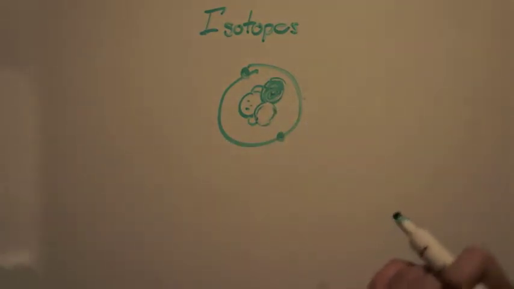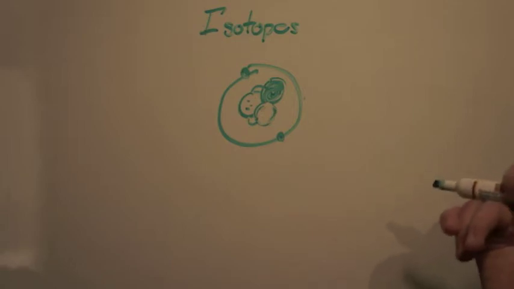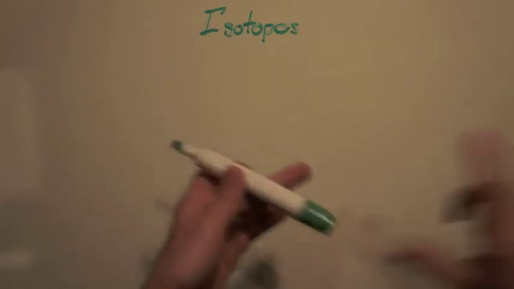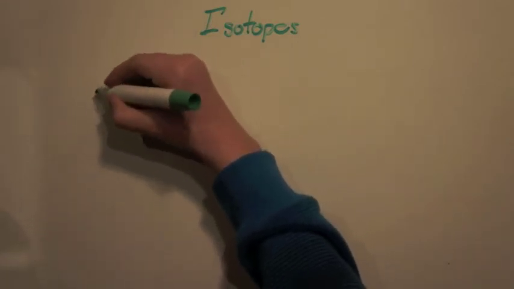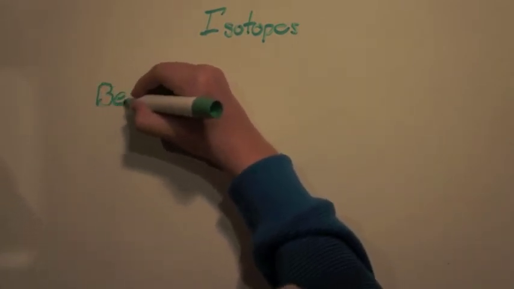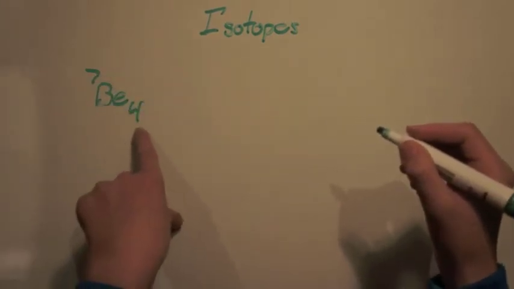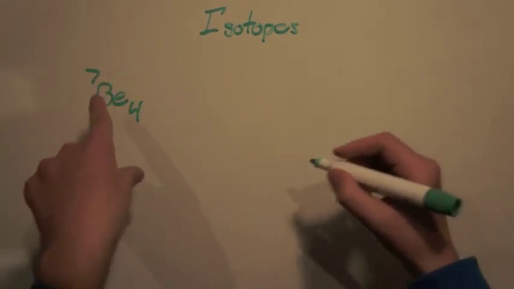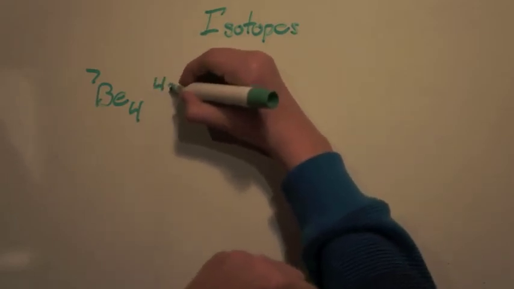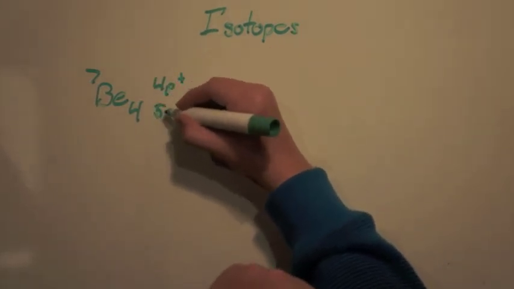And let's look at the other end of the stick. Too many protons. Beryllium is supposed to have 4 protons and 5 neutrons.